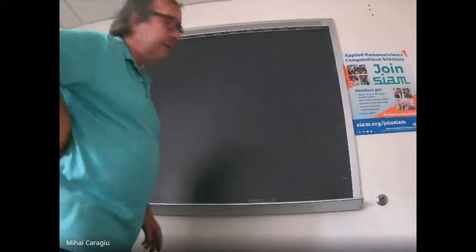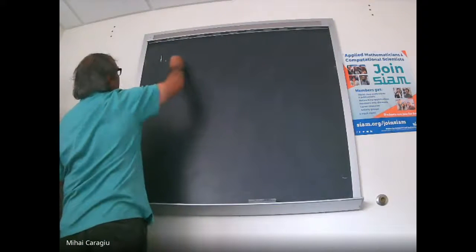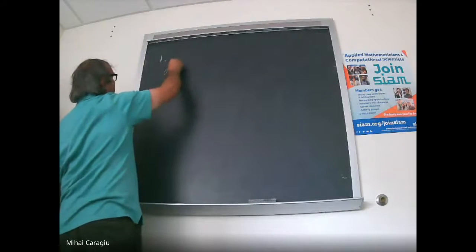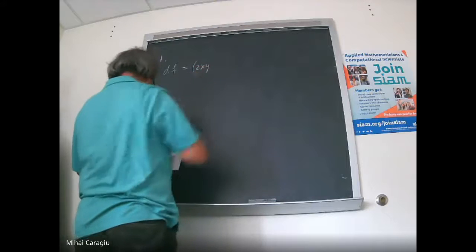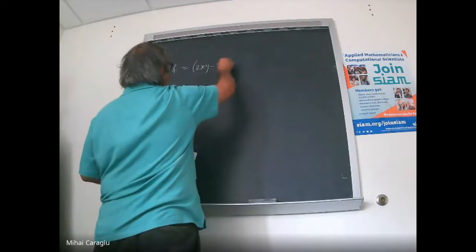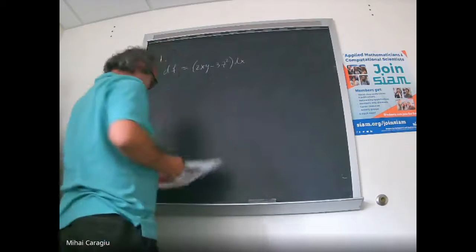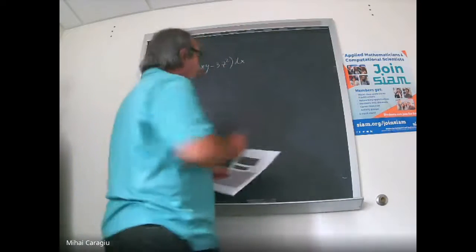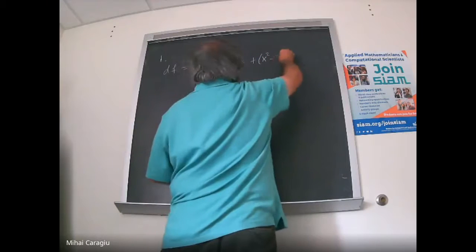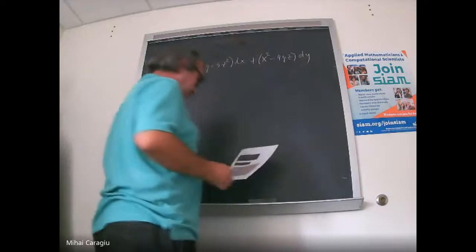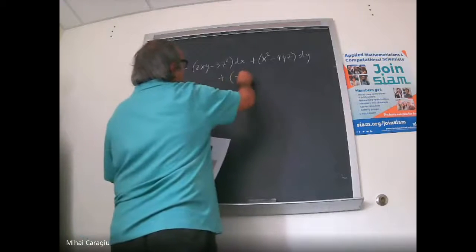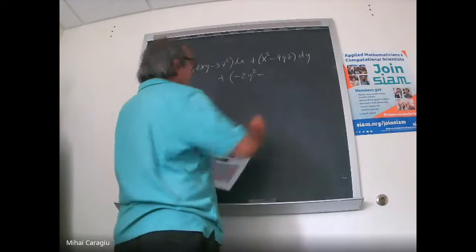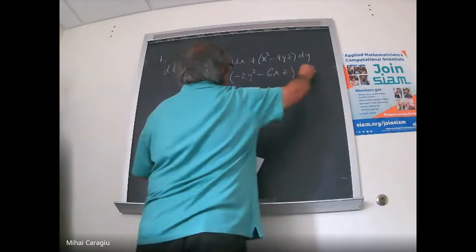So the first one is: find a function such that df is the following: (2xy minus 3z squared) dx plus (x squared minus 4yz) dy plus (minus 2y squared minus 6xz) dz.